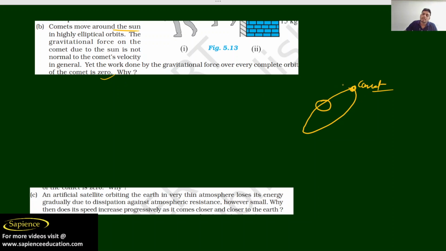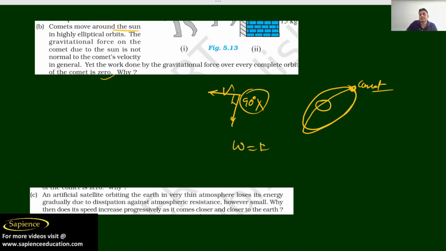According to this, when the comet is moving in an ellipse, the velocity of the comet and the gravitational force are not perpendicular, not 90 degrees.